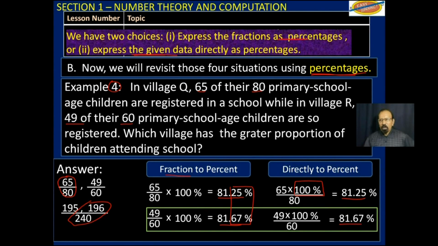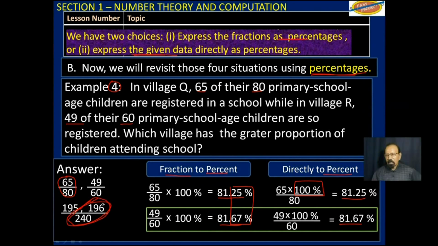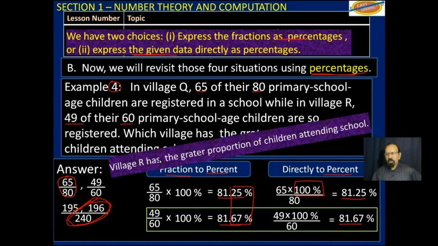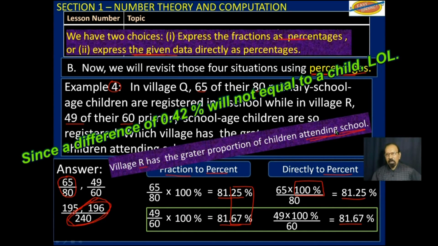So if you calculate the percent by fraction, if you calculate the percent directly, if you compare the numbers based on fractions only, doesn't matter, you will still end up with the same answer. Village R has a greater proportion of children attending school. Well, actually, it's percentage.